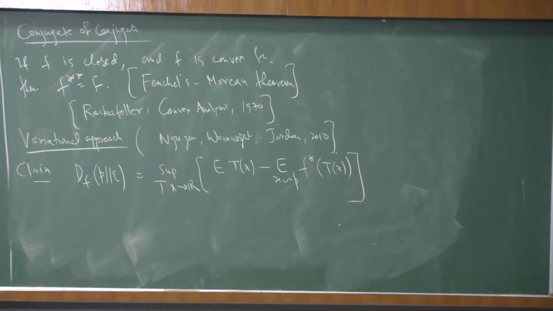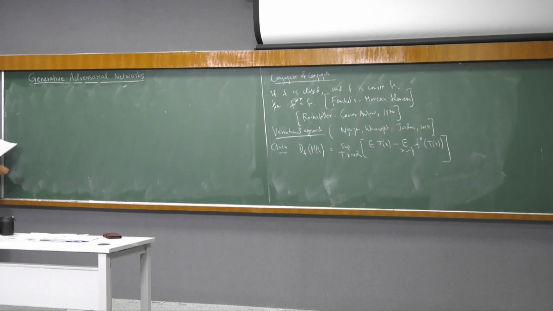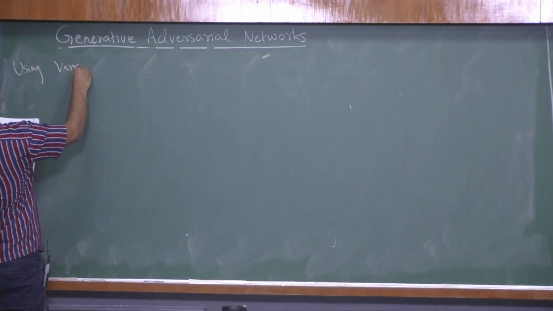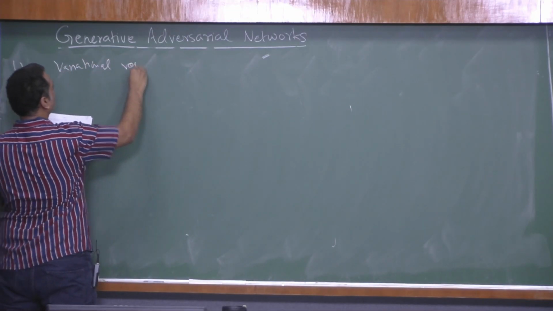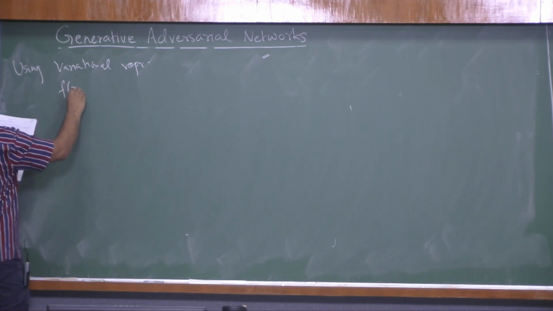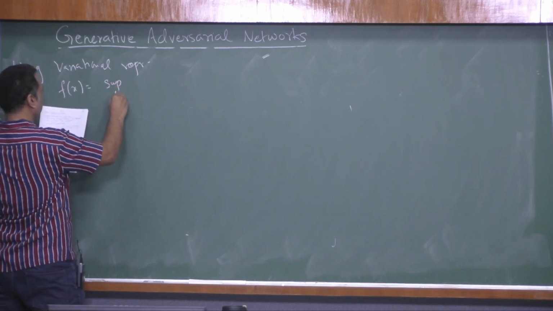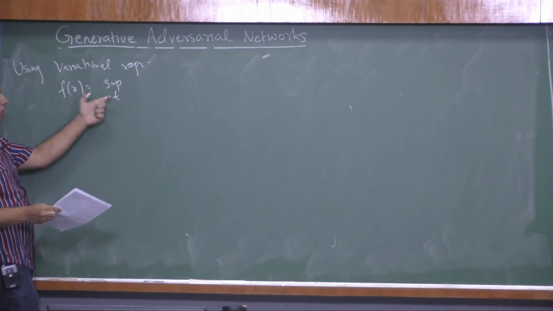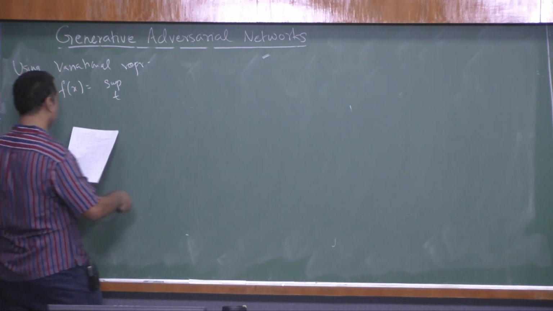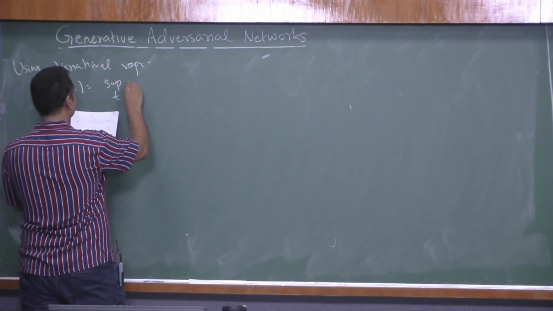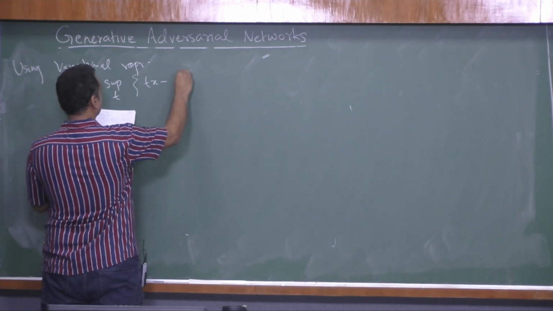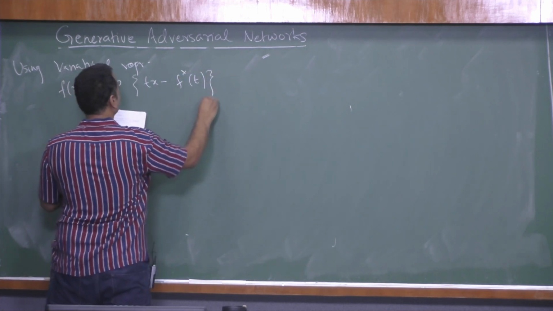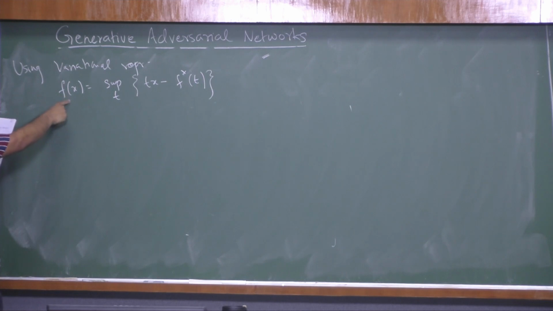Let us try to prove these results quickly. Using the variational representation, we can also write f x as a supremum over t. We are using the Fenchel-Moreau theorem, the conjugate of the conjugate, and we can write f x as the supremum of t x minus f star t, to get back f x.